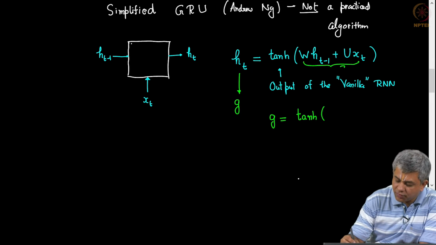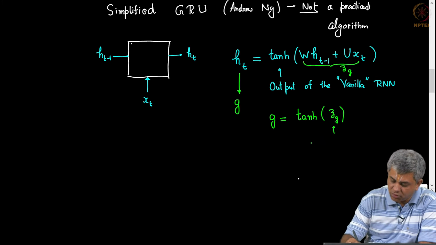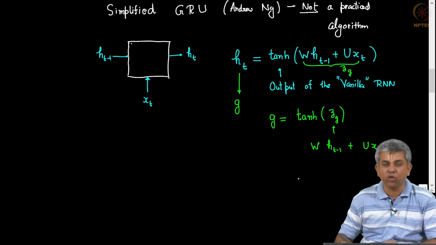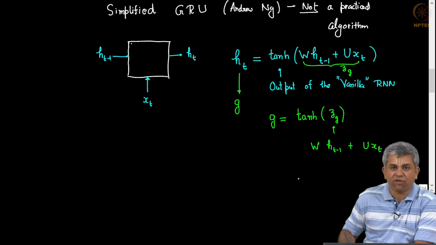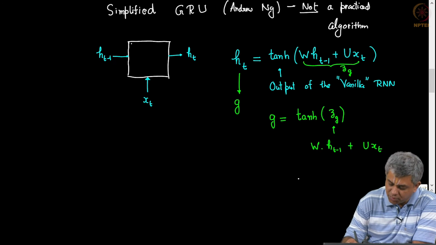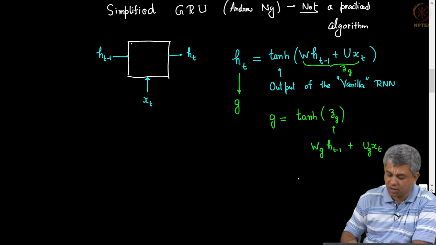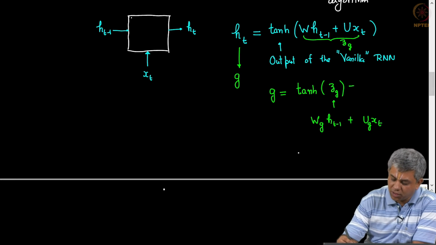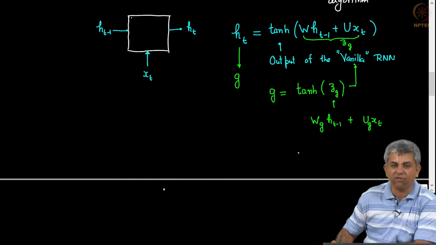Remember the linear combination was always called Z, so we will call it ZG, where ZG is equal to W HT minus 1 plus U xt. W and U are matrices, and for a particular reason, instead of calling them simply W and U, we will call them WG and UG. Up until now nothing has changed. This is simply the output of the vanilla RNN.